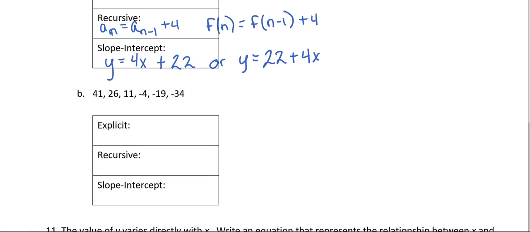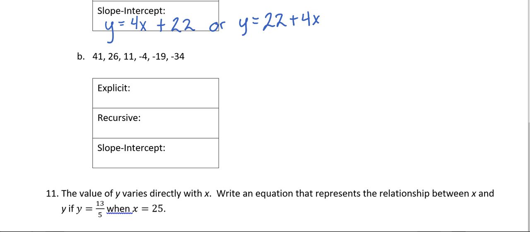Okay, B. To find my common difference, I can subtract. If I do 26 minus 41, I can see that I am decreasing by 15 each time.